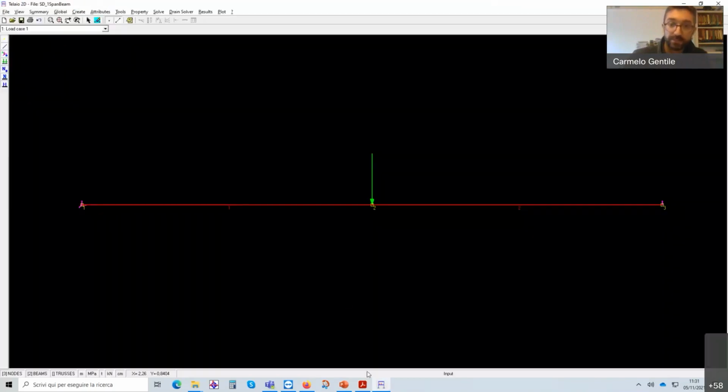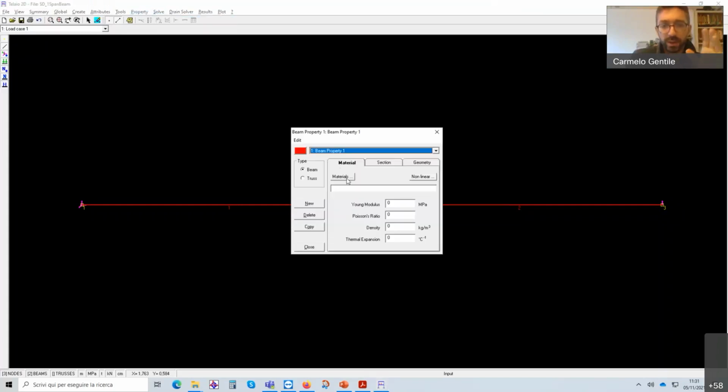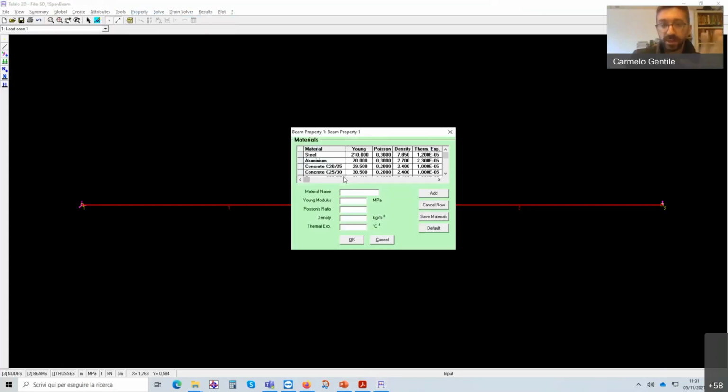You're welcome. So far, we did everything. No, we didn't do anything. We have to set materials. Okay, we select steel, and we see that all the properties pop up here. Material name is steel. The Young's modulus is 210,000 megapascal, as you have seen with Professor Gentile a few lectures ago.